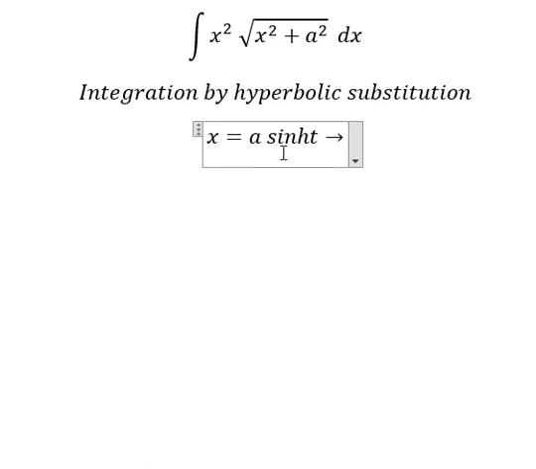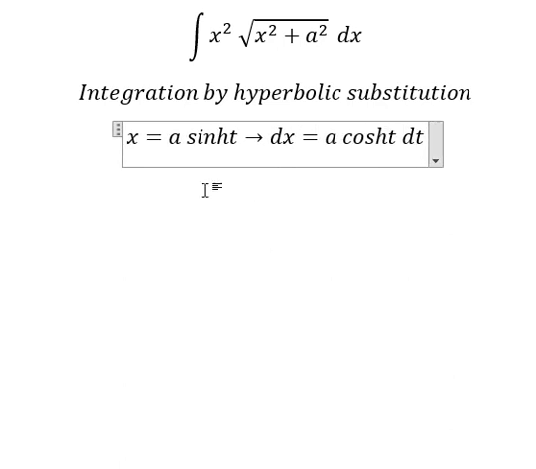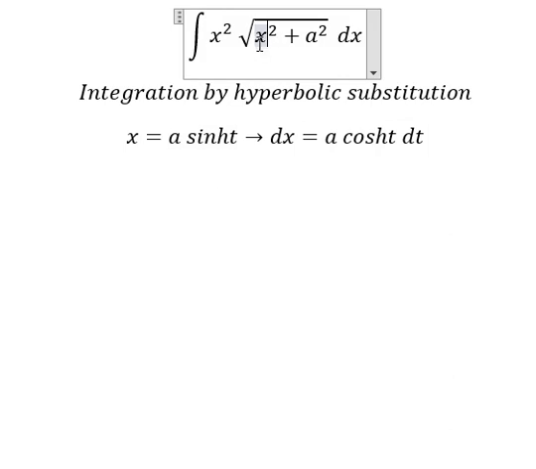Later we need to take the first derivative of both sides. Because if I put this one here, we have a squared sin t squared plus a squared.